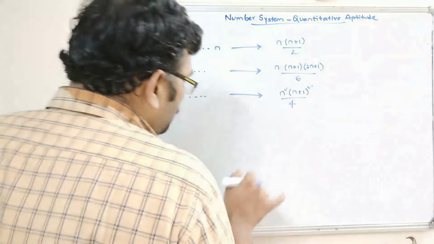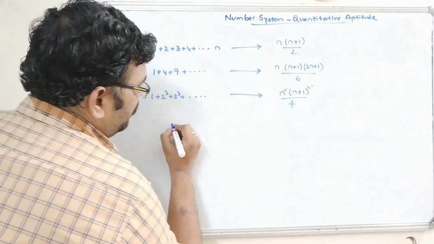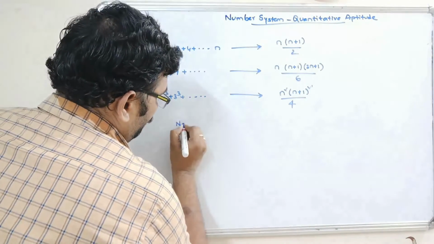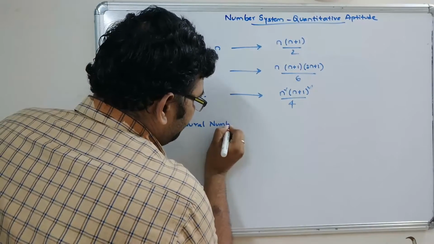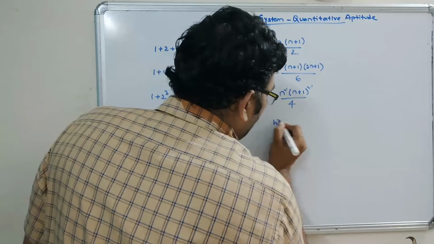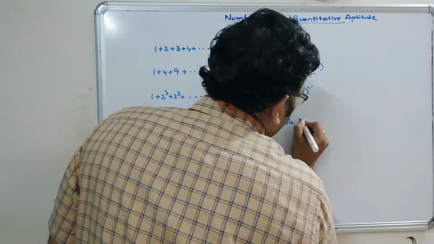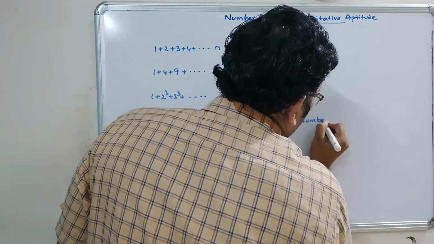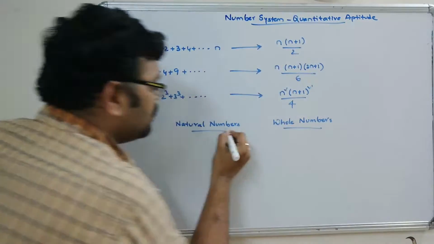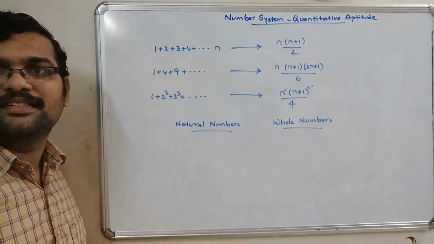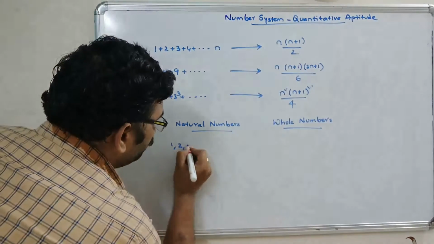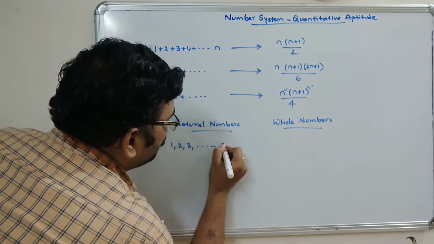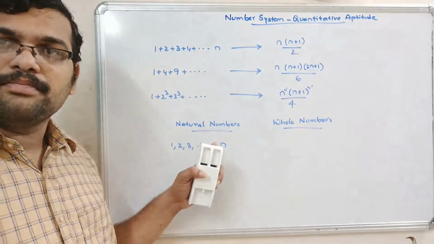Okay. Now the main question is, what is the difference between natural numbers and whole numbers? A simple difference: 1, 2, 3 and so on up to n are the natural numbers.